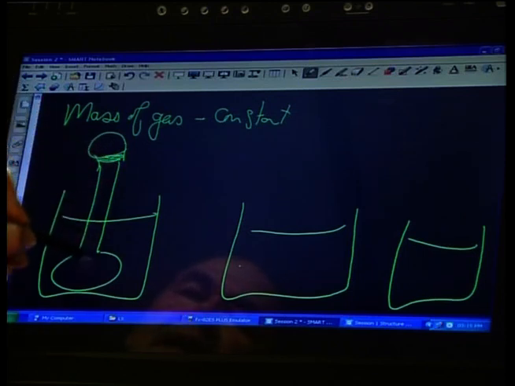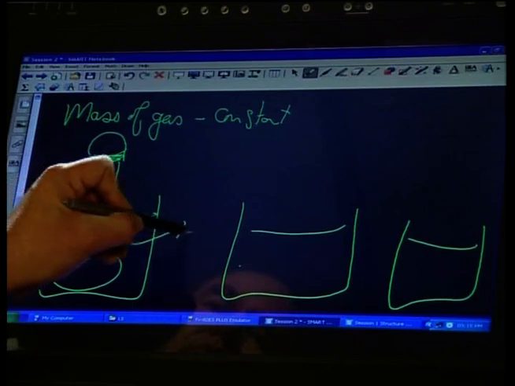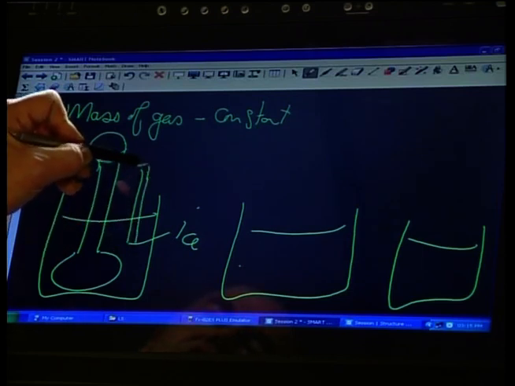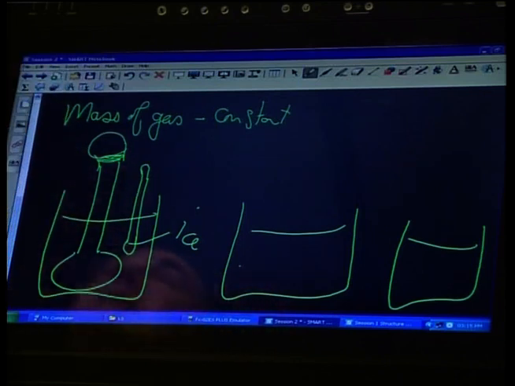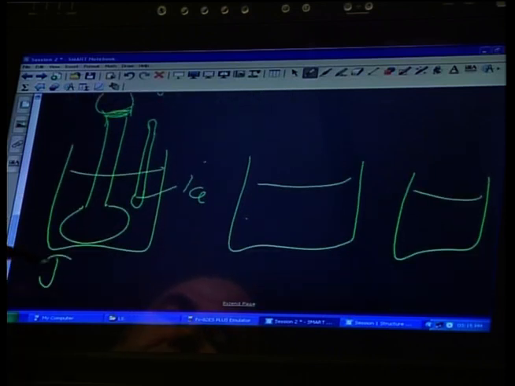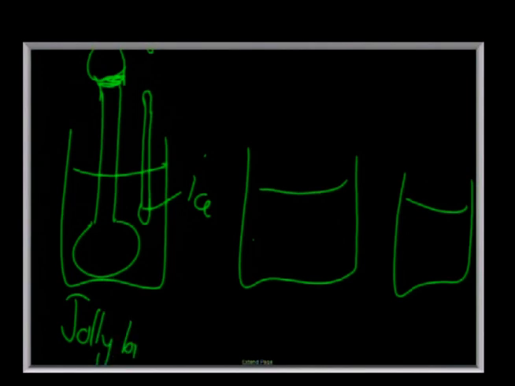There's the gas, and into this we'll, for example, put ice. So we can measure the temperature, and you should know that ice has a temperature of 0 degrees. After a while, the temperature of the gas inside this bulb, which we sometimes call the jolly bulb, is 0 degrees. It's just a round cylinder with gas in it and a pressure gauge on the top. So we can get a temperature reading with a pressure reading.